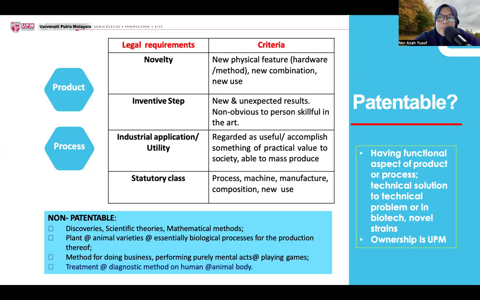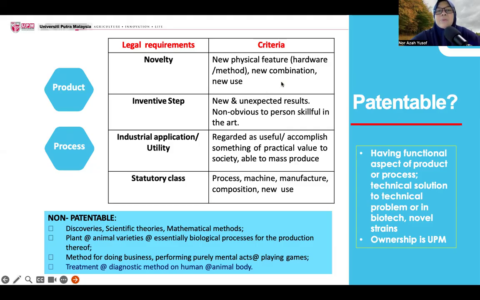Of course, when an authoritative body like MyIPO evaluates, what do they look for in the evaluation criteria? Of course, it's the novelty. We talk about the novelty where you start with your work. When you talk about your novelty, it does not have to be a product.